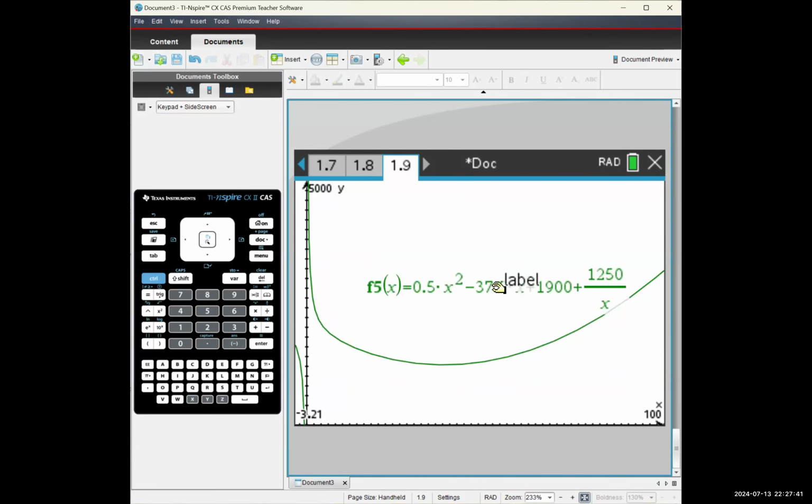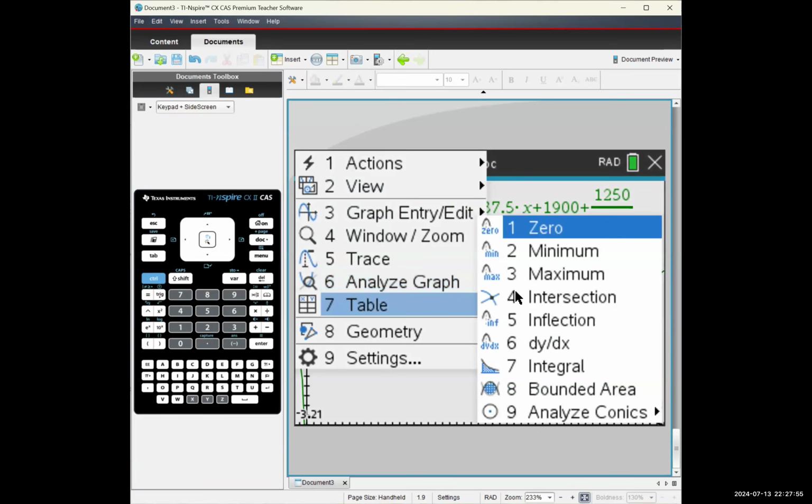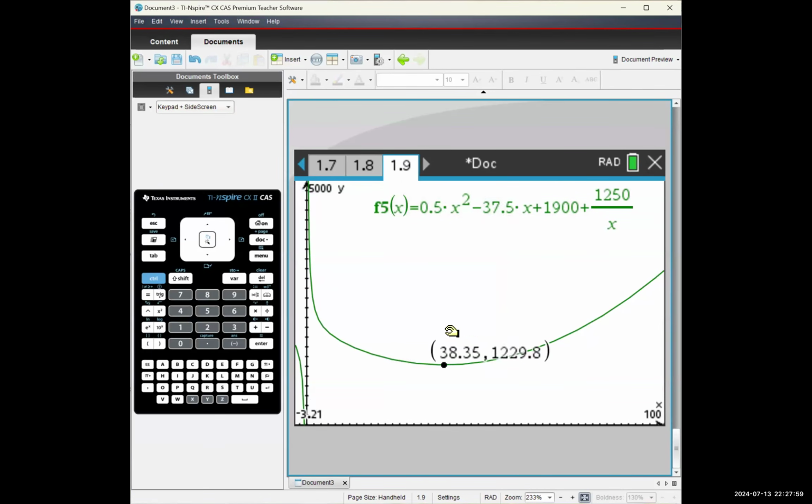Okay. So what I really care is this branch of the function. It does have two branches, but the only branch I'm looking at will be the right-hand side branch. And I want to locate the minimum turning point for the minimum cost. Now, 38.35 something.